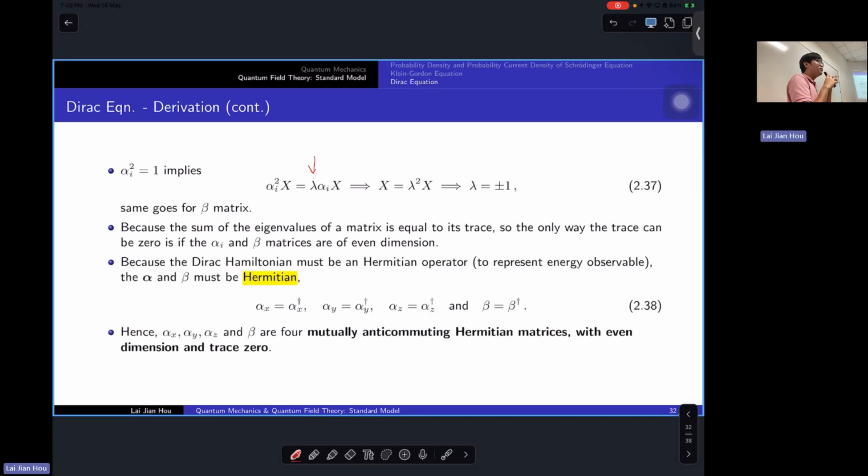Because with even dimension, the positive and negative eigenvalues together sum to 0 when we use the eigenvectors as basis and diagonalize.